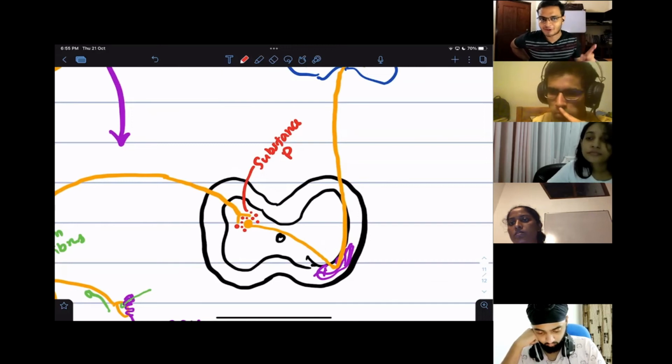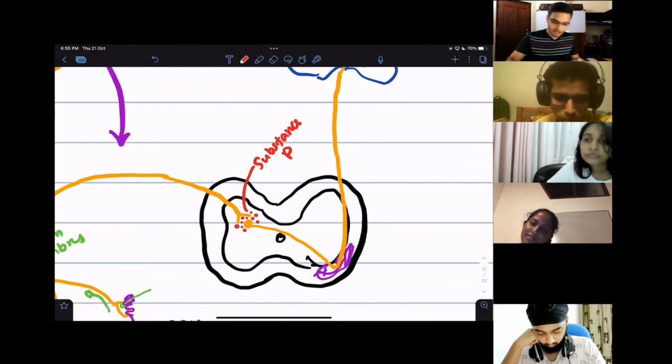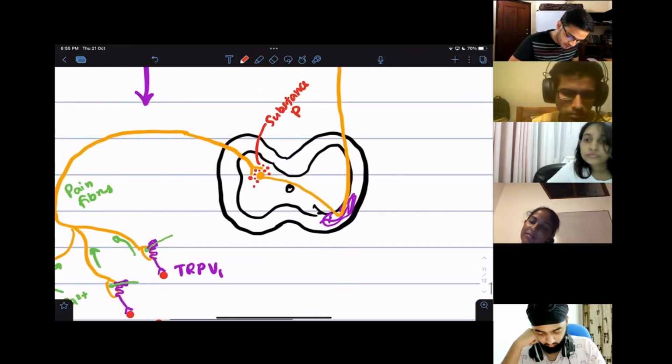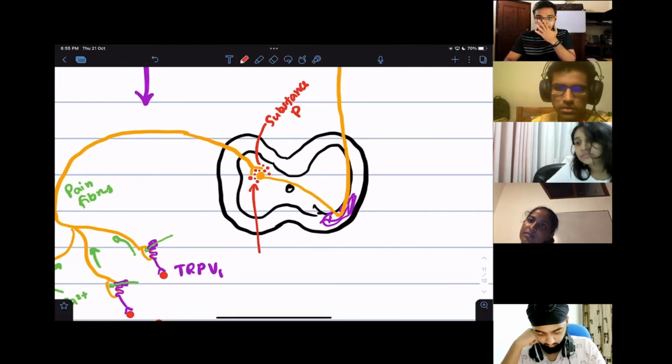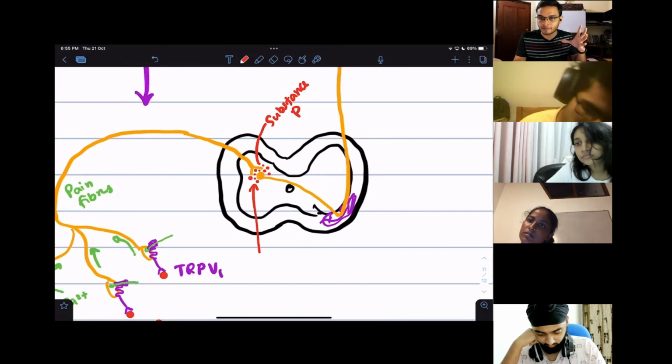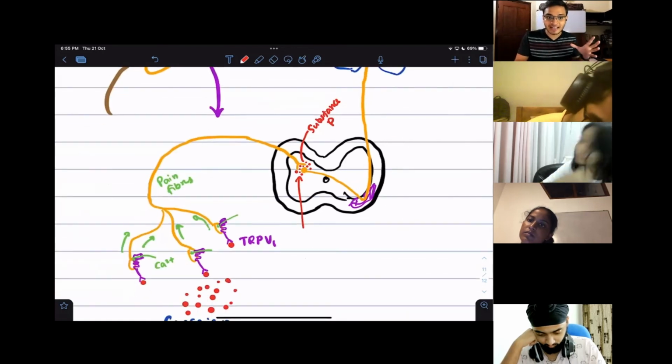This is why I'm worried about my dog also. Probably it's burning for her also. Can't help. But how does this help? Eventually, this substance P will be worn off, guys. This neuron has a limit of substance P that it can produce. So what does capsaicin do?